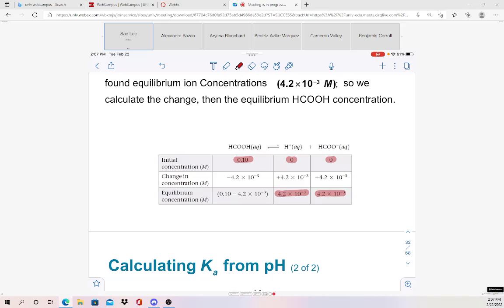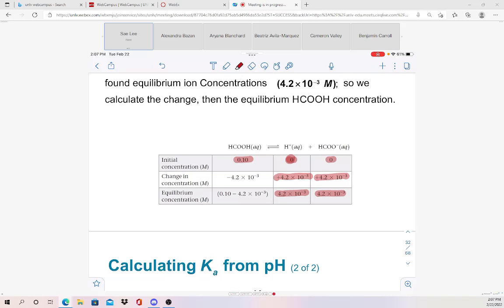To go from 0 molar to 4.2 times 10 to negative 3 molar, the change for the proton was positive 4.2 times 10 to negative 3 molar. The change for the conjugate base was also positive 4.2 times 10 to negative 3 molar.